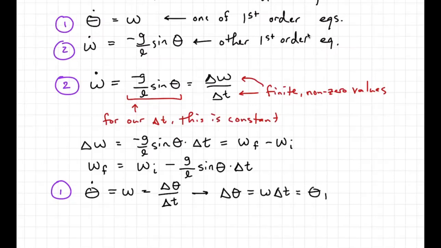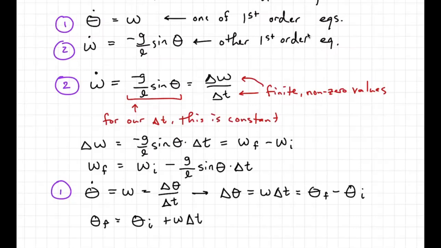That's the final value of theta at the end of the time step minus the original value of theta at the beginning of the time step. And so theta final at the end of our time step is equal to theta I at the beginning of our time step plus omega delta t.